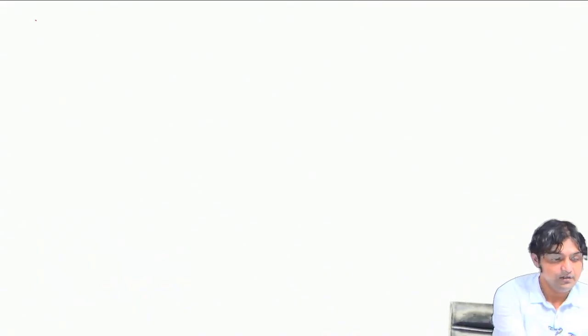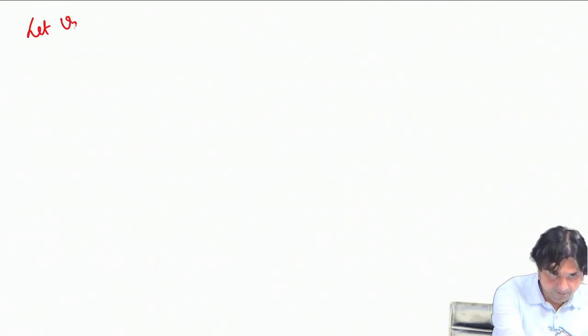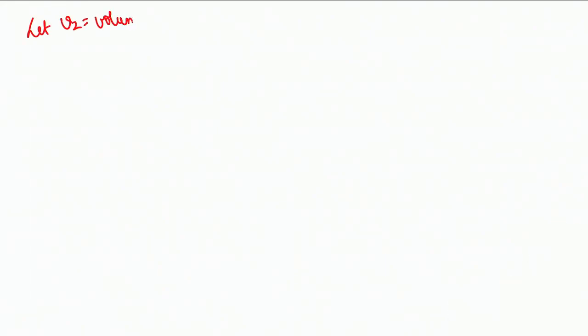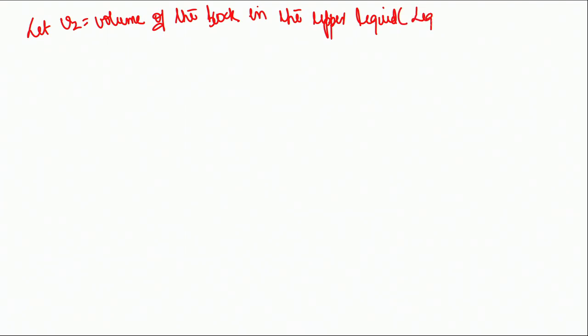So we say let V2 be equal to the volume of the block in the upper liquid, that is liquid 2. So V1 will be equal to V2 plus V3, correct.